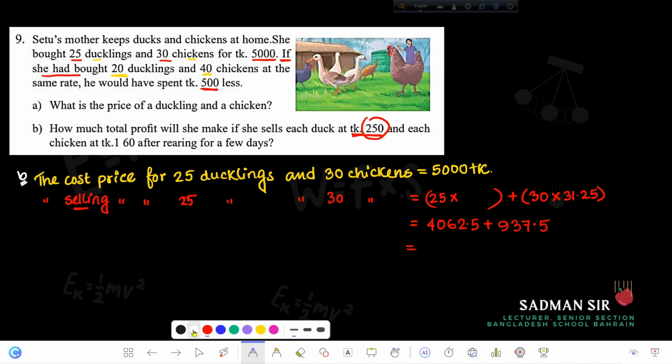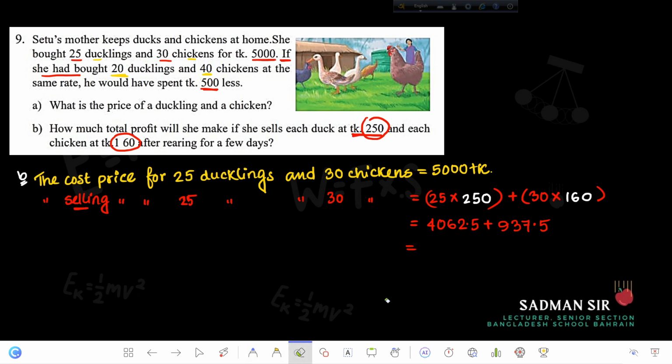Here it will be the price of a duckling. Let me write it in a different color, so that you can understand that this one we had to change later. So 25 into 250. Okay, so this is the selling price of the duckling, and then each chicken was sold at taka 160. So we have to replace this with 160.